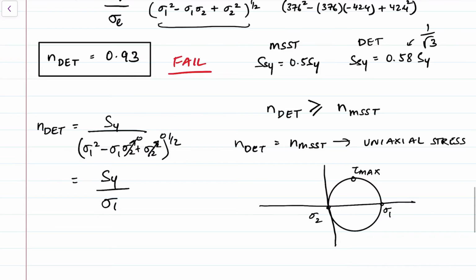And sigma 1 is nothing but 2 times the radius, which is equal to 2 tau max. So we have SY over 2 tau max, and that is MSST. So it's possible that they're both equal, and that only happens when you have uniaxial stress.